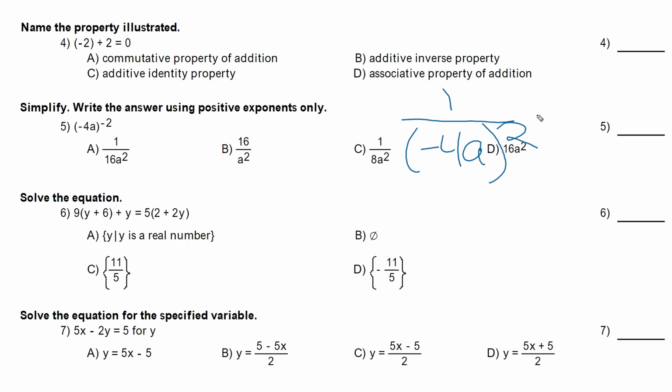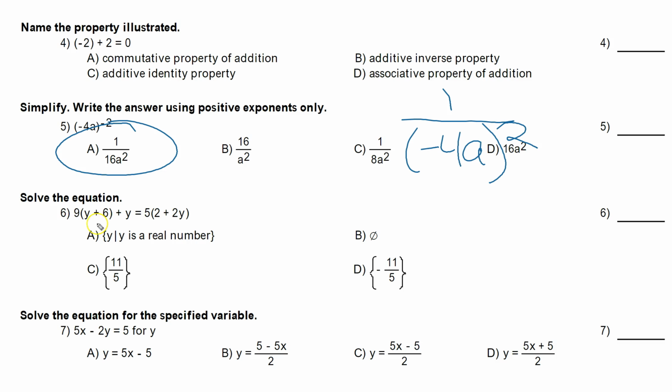So we're saying now just square this. Well, squaring a negative 4 times negative 4 gives us 16, and then a times a is a squared. So this would be our answer.